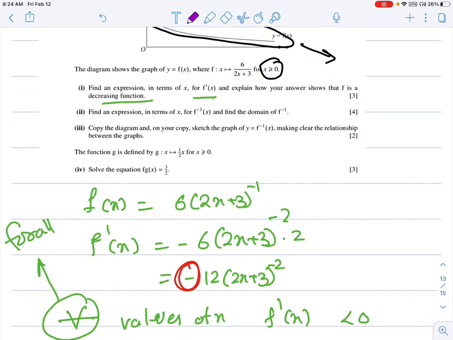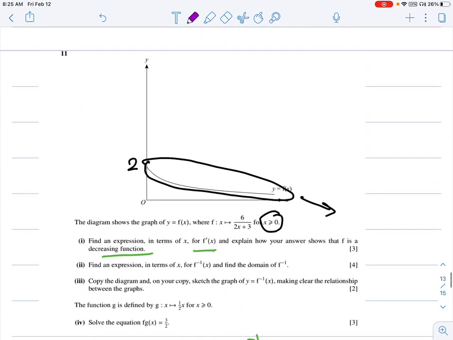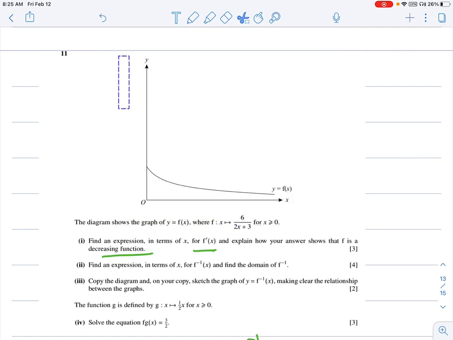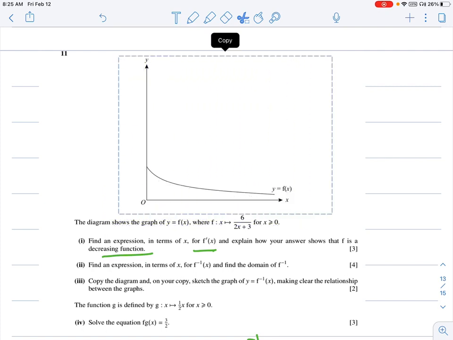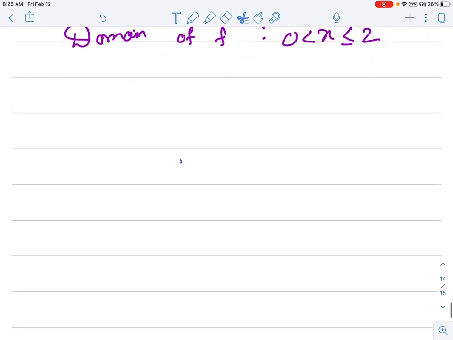Now copy the diagram and on your copy sketch the graphs of f of x and f inverse of x, making clear the relationship between the graphs. He himself is asking us to copy the diagram, so let us copy it.